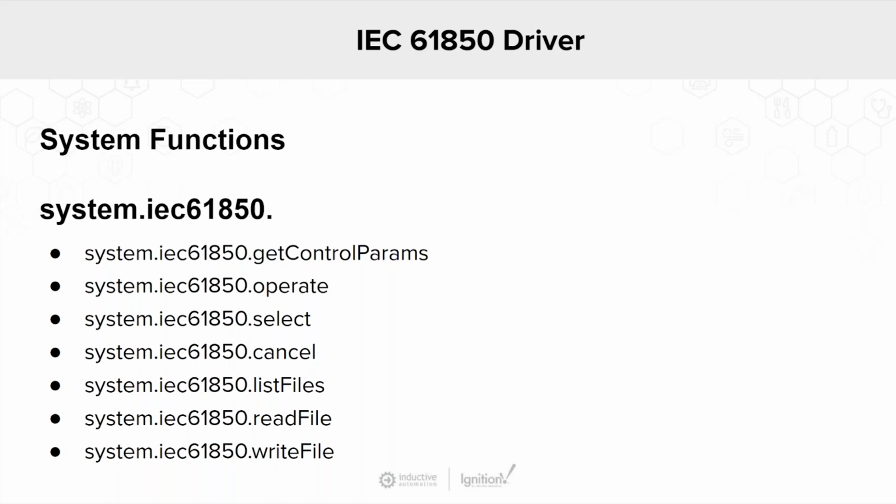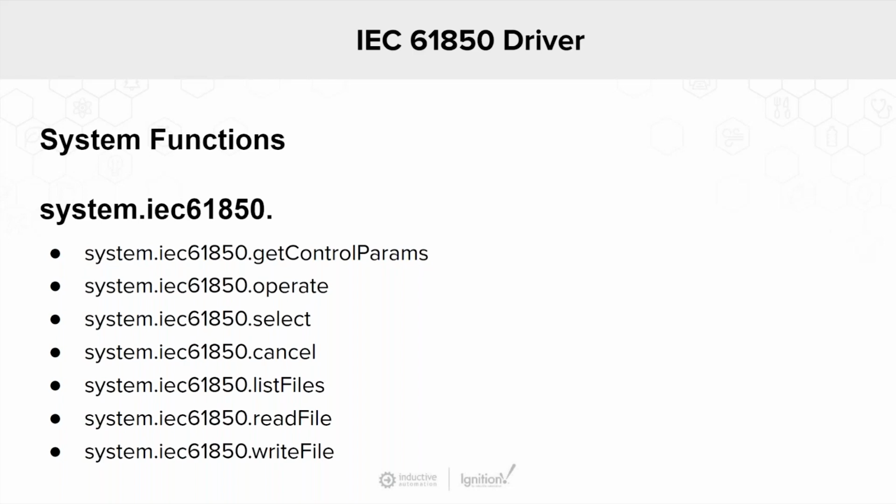The cancel function reverts the selection of the logical device, meaning the user will have to reselect the SBO logical device before operating. Many IEC-61850 devices can be set up to produce their own data files in the event of an incident. So it can produce its own PDF or text files. The list files, read file, and write file functions can be utilized to interact with these files to and from the device.